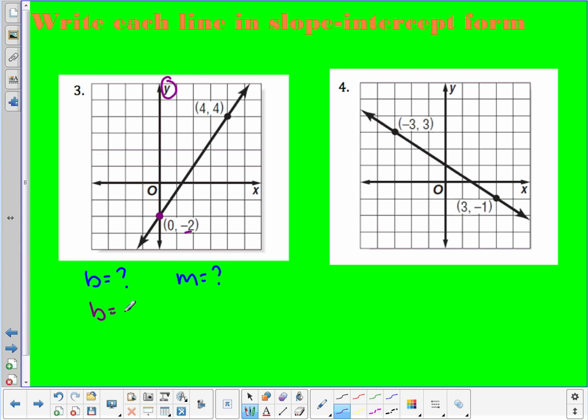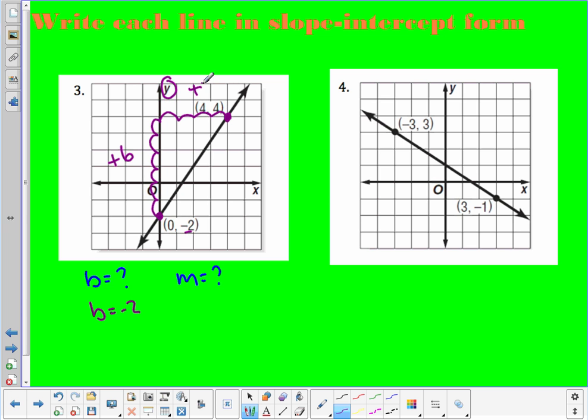So b is equal to -2. Now the slope, we have to do a little calculating. I'm going to use the 2 points that were chosen for me. I'm going to count how much it rose. It went up 1, 2, 3, 4, 5, 6 places. So that's a +6 rise. And how much did it run? It went over 1, 2, 3, 4.